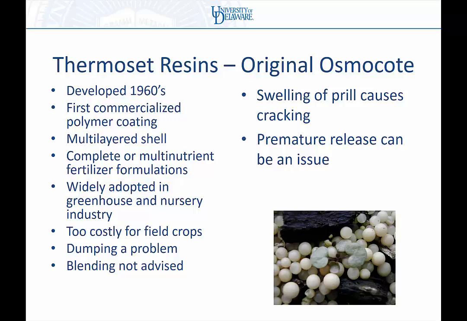So you've just lost the slow release nature of the slow release fertilizer. So this premature release was an issue. Later versions of the Osmocotes solved this problem, but the original Osmocote had problems with its dumping. And if you dump a bunch of salts at one time, what do you do? You kill plants, or you burn plants, or you set them back. So this was an issue.